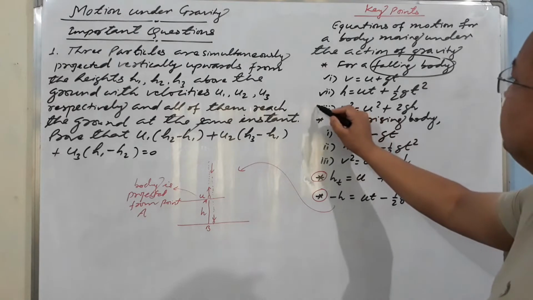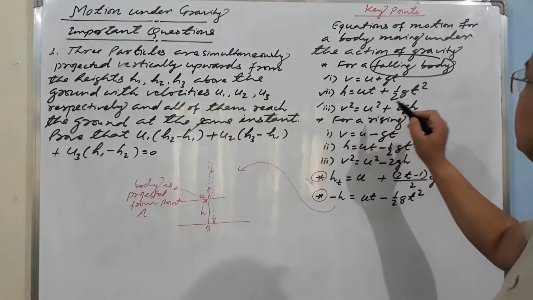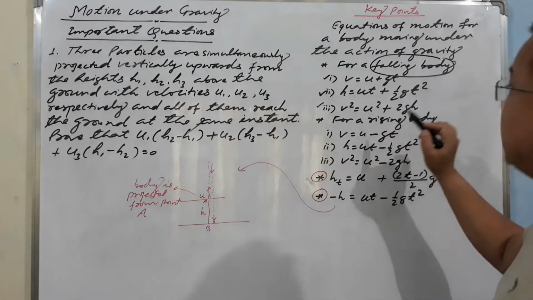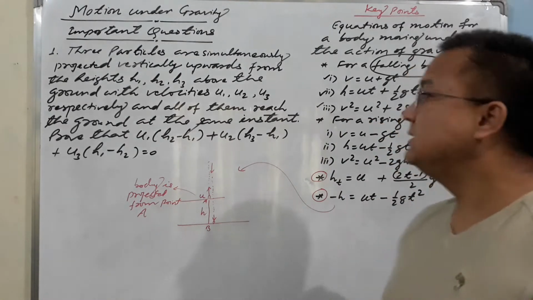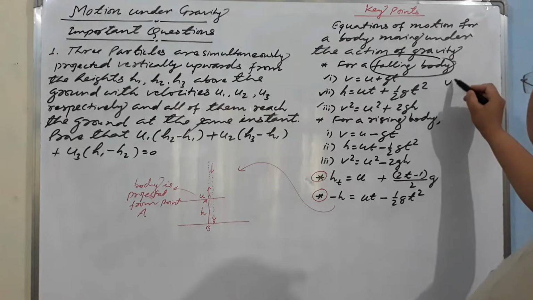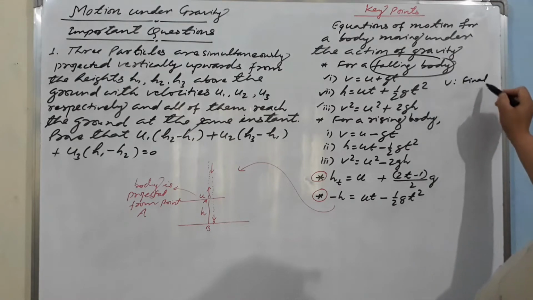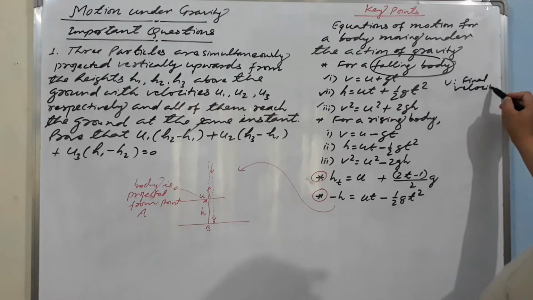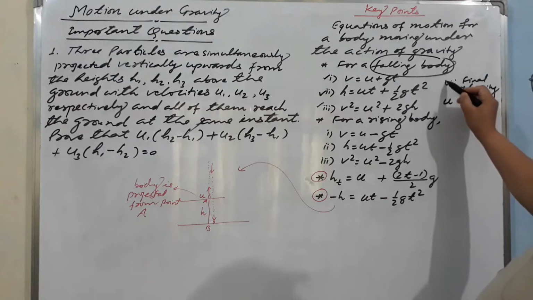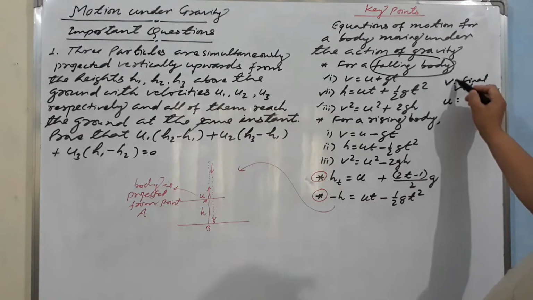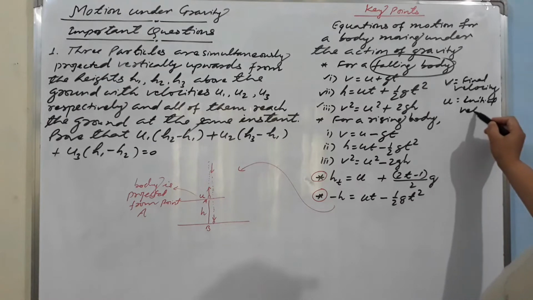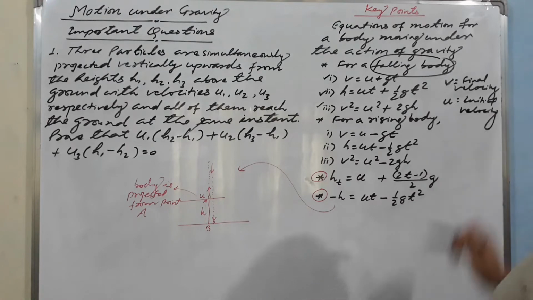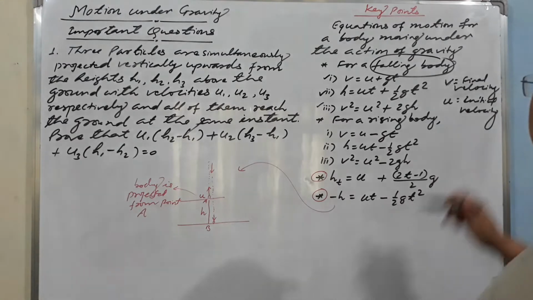The third equation we have is v square is equal to u square plus 2gh, right? Again, v is the final velocity of the particle or any object, and u is the initial velocity, the velocity which is used to project the body.